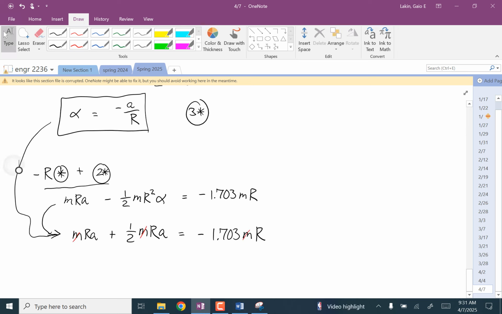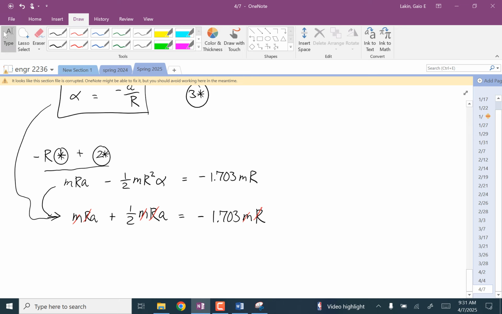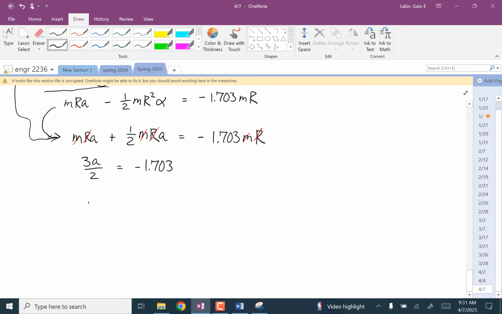Everything has an M, everything has an R. And we get that 3A over 2 is equal to negative 1.703. So A is about negative 1.14 meters per second squared.